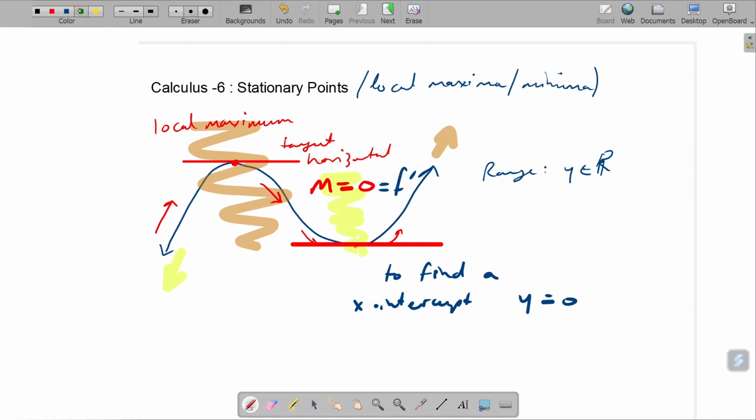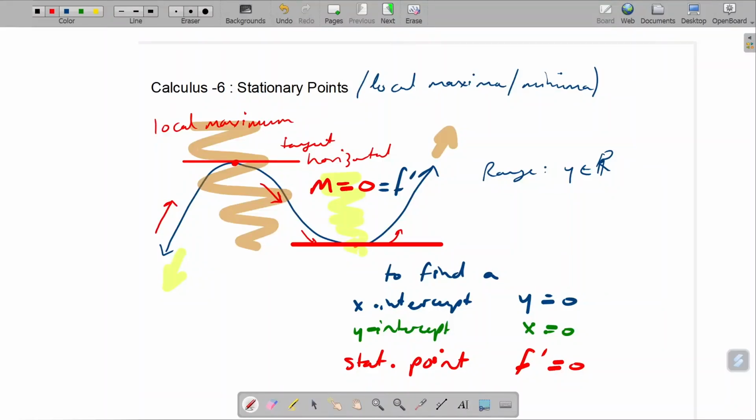To find a y-intercept, we know we need to make x equal to 0. And what we're discovering today is that to find a stationary point, what I need to do is to make f dash equal to 0.